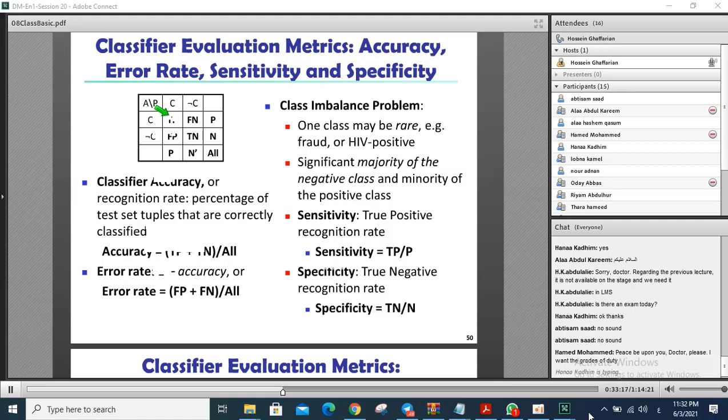Okay. So here you can see that in this confusion matrix.